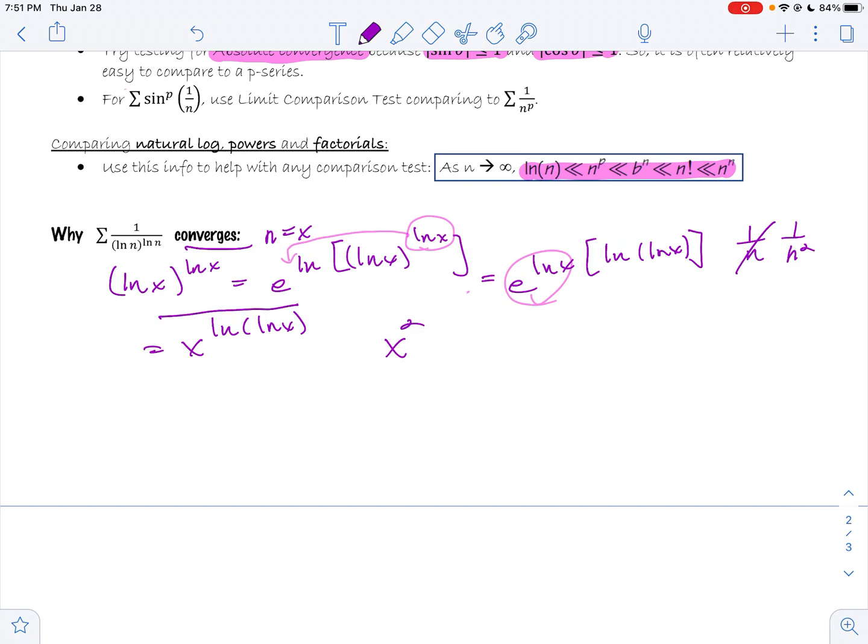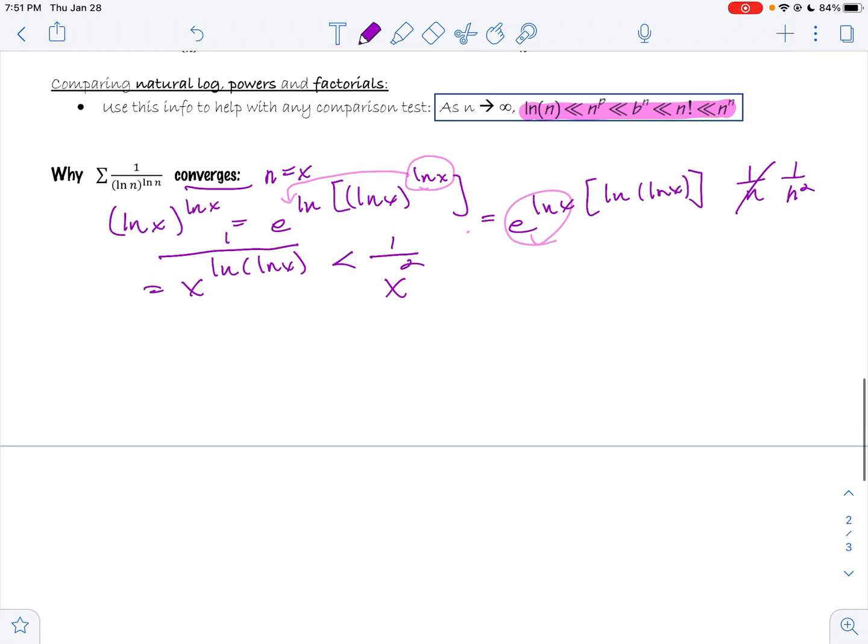So we need that inequality. And I'm showing all this work because this is required in order to use the direct comparison test.